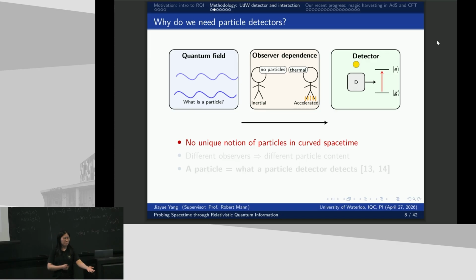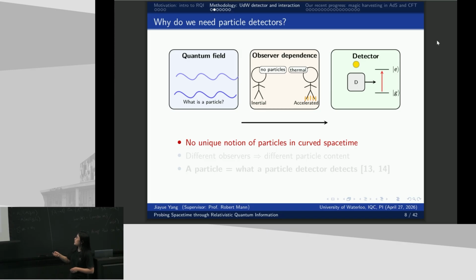But if you are Rob, by saying Rob here, I mean Rindler. If you are a Rindler observer, which means that you are uniformly accelerating, you will say, hey, I see thermal particles. What do I mean by saying I see thermal particles? I mean if you hold a detector, which is what we call an Unruh detector, you will detect particles.